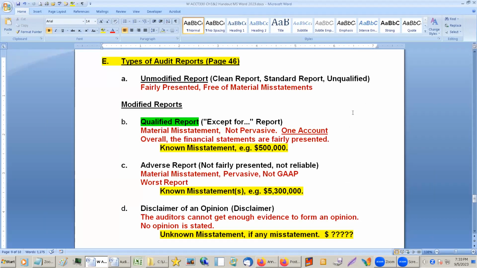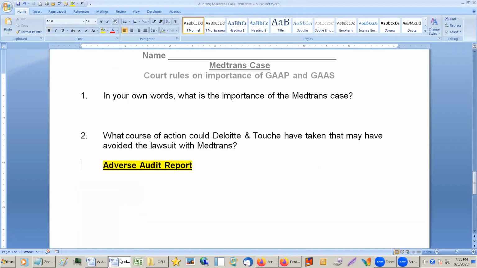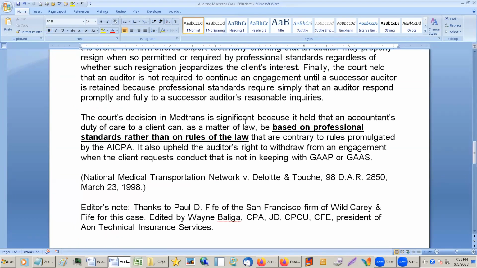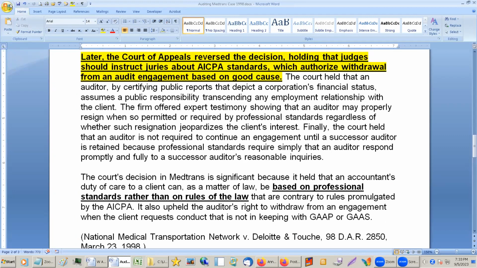Okay, let's go back to the, we'll stop here. Oh, by the way, the Medtrans case you can turn in.